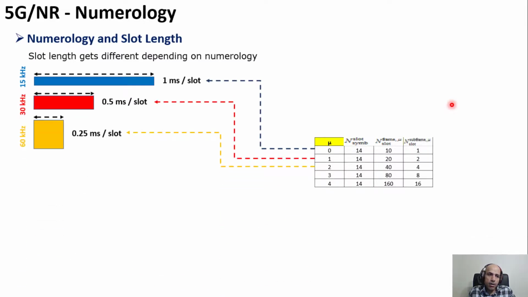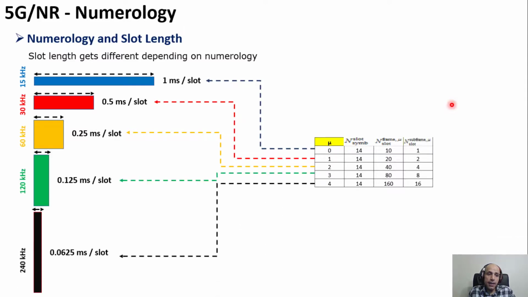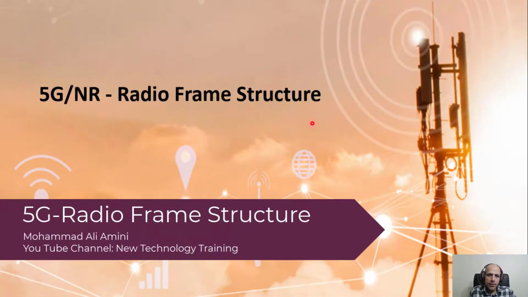For 60 kilohertz, 0.25 millisecond. For 120 kilohertz, 0.125 millisecond. And finally, with mu equal to 4 or 240 kilohertz subcarrier spacing, your slot length will be 0.0625 millisecond. And now, after numerology, we are going to talk about the radio frame structure.